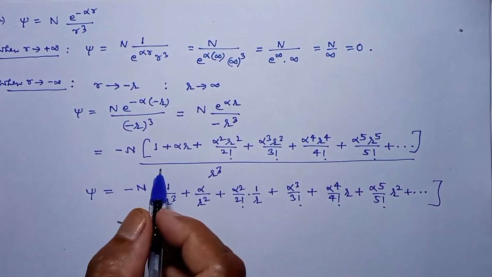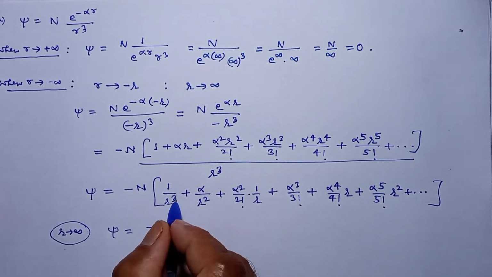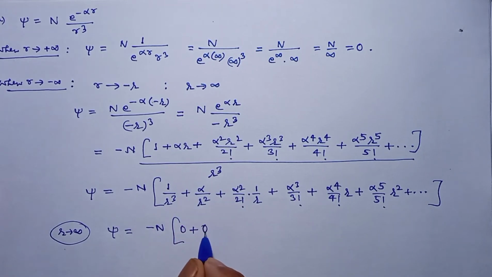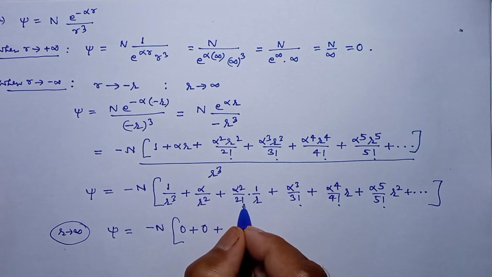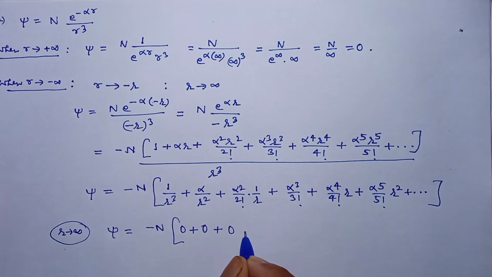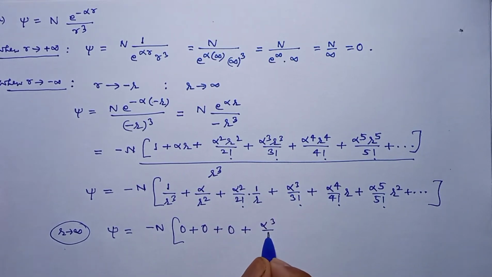And now we will set the limit R tends to infinity. So when R tends to infinity, psi becomes minus N, 1 upon infinity to the power cube, it becomes 0, plus alpha upon infinity square also becomes 0, plus alpha square upon factorial 2 times 1 upon infinity, it also becomes 0, plus alpha cube upon factorial 3.